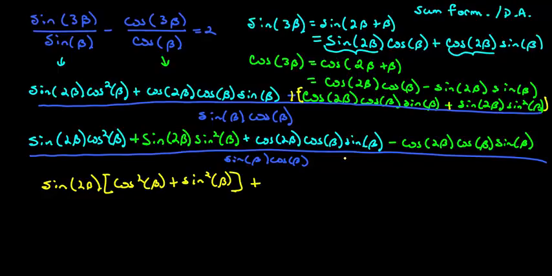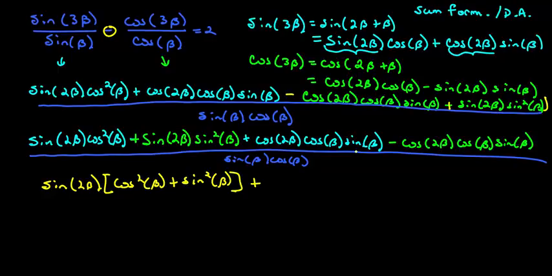Back here, I've got cosine 2 beta, cosine beta sine beta. This is still a minus right here because there was subtraction in between, so we'll subtract this, but then we'll have to add this at the end. So this is still subtraction.